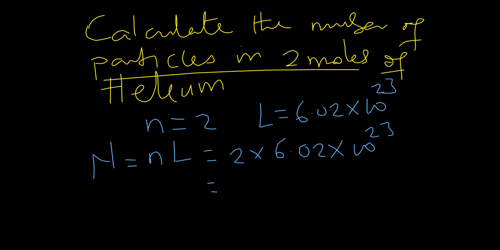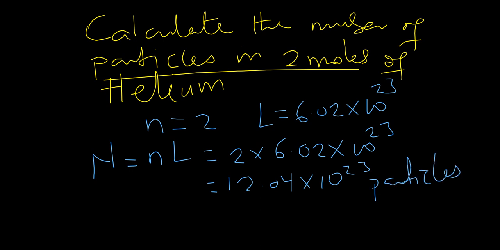That will give us 12.04 times 10 exponent 23. So that will be the answer. 10 exponent 23 what? That will give us particles. So this number of particles can be found in 2 moles of helium. Let's look at another example.